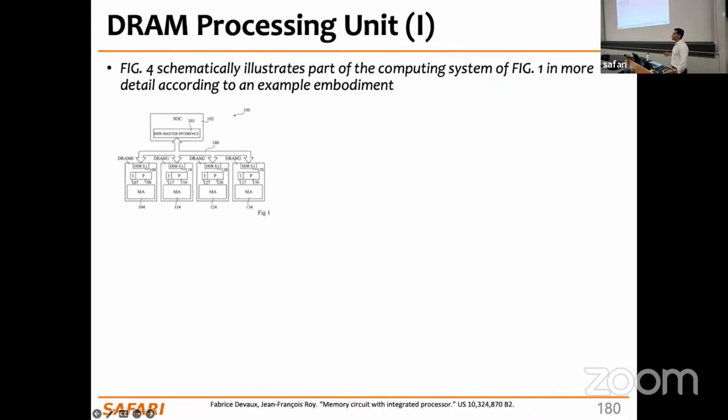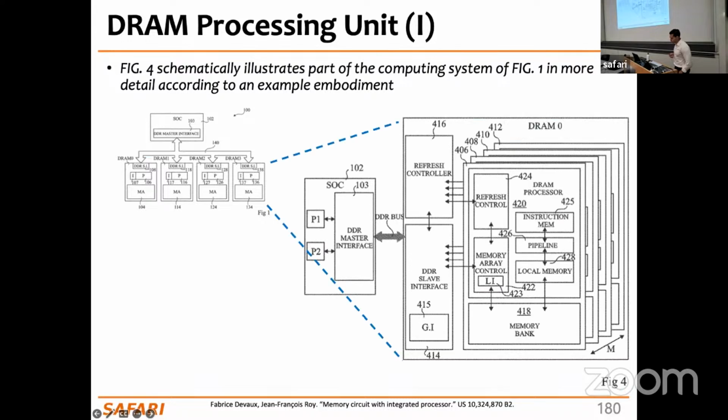Then I'm going to give more details on the microarchitecture of the DPUs. Again, this is a picture from the patent that they initially published. Here we have, as I mentioned, the memory bank, the RAM bank, the MRAM, and the processor, which has the instruction cache, the scratchpad memory, and the CPU pipeline.